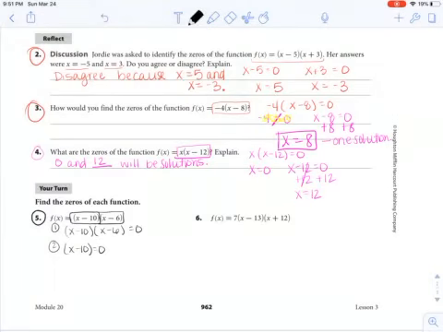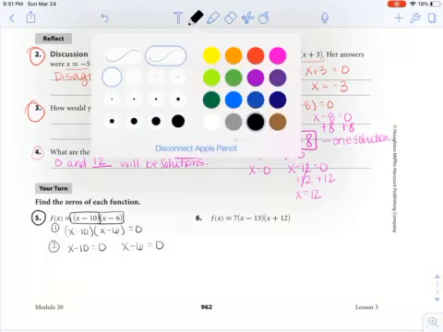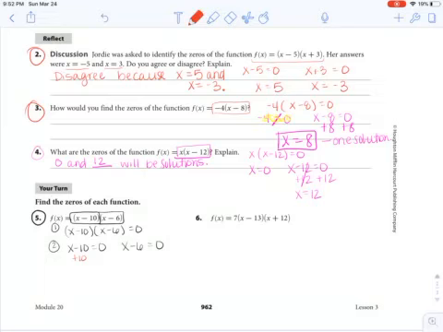No. So I'm going to erase that step and just do x minus 10 equals 0, x minus 6 equals 0. Now I'm going to solve, and so I add 10 to both sides, so x equals 10. I add 6 to both sides, and x equals 6. And so the zeros are 10 and 6.